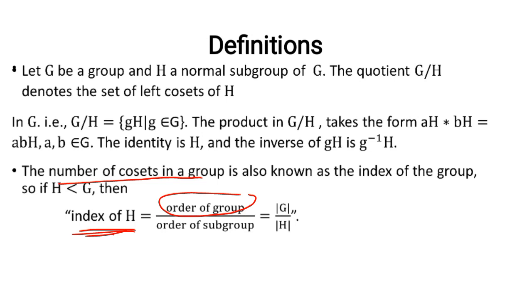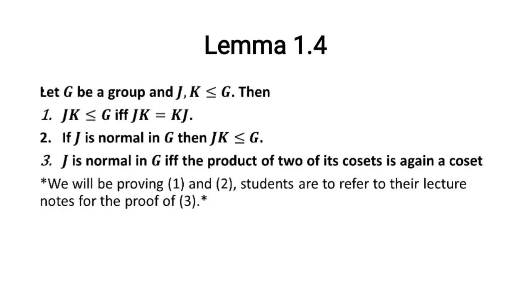In our case, H is a subgroup of G, so the index will be the order of the group, and our group is G. That's the number of elements in G, over the order of the subgroup itself, and the subgroup is H. So once you're told to define the index of a subgroup in a group G, or any group of choice, you're simply saying it is the order of the group over the order of the subgroup. Those are definitions you would need to know, okay? You should know them by heart.